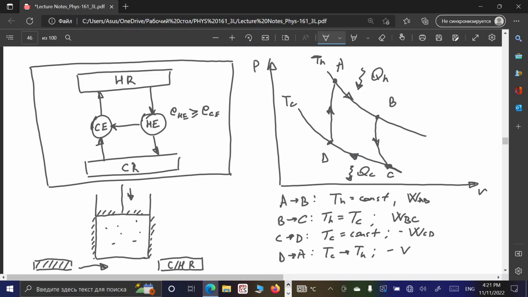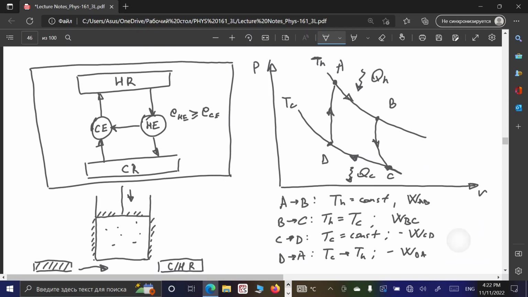And also there is some work, DA, done on the system from external force. So that is a step-by-step discussion of all thermodynamic processes, two isothermal and two adiabatic. During isothermal processes, we either get heat from the hot reservoir or expel it to the cold reservoir, depending on the process.